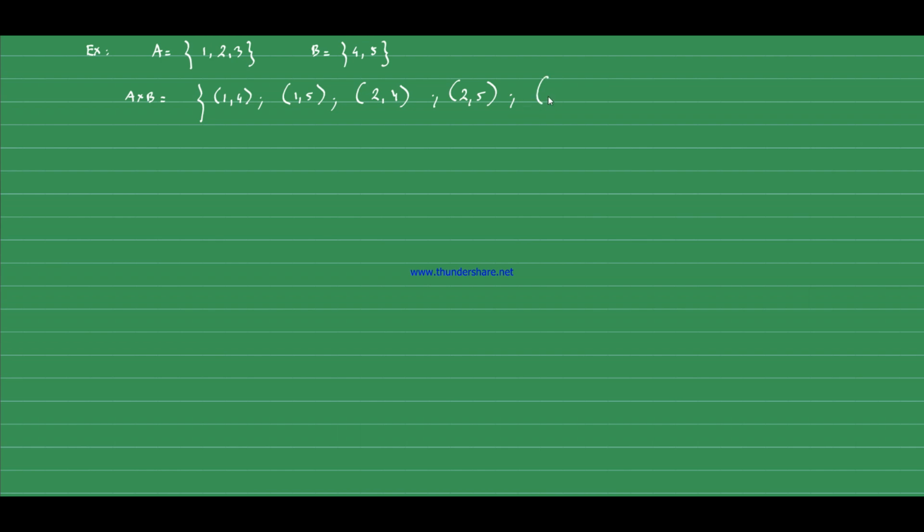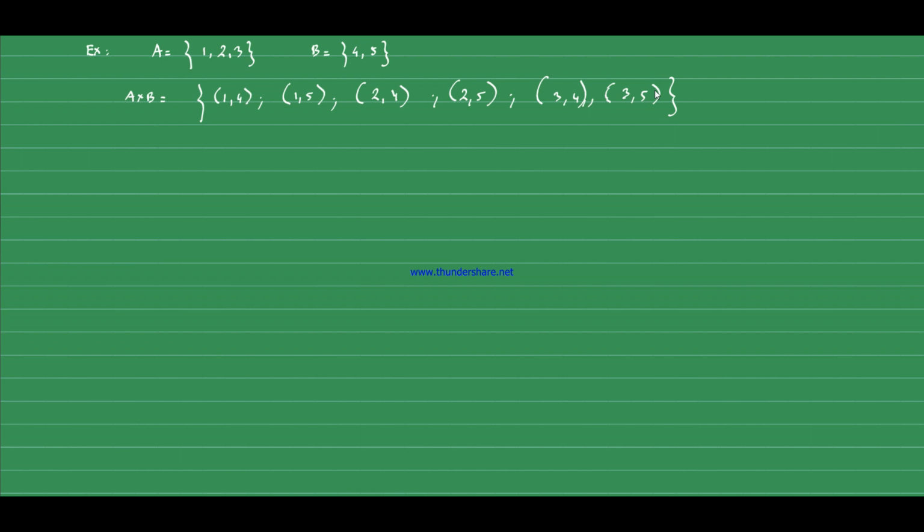Because it's A cross B, we have to do A first. If you change the order, it will be wrong. So then we have 3, 4 and 3, 5. There you go.